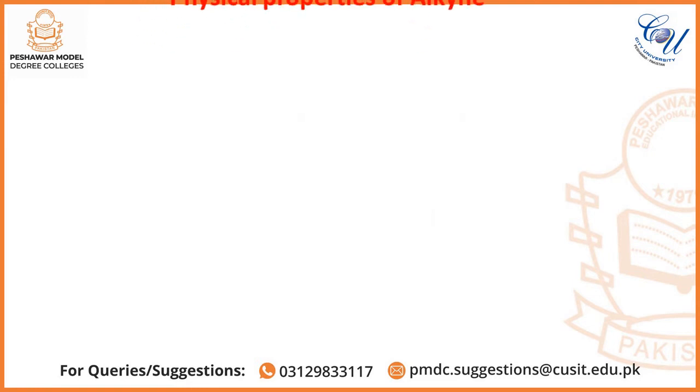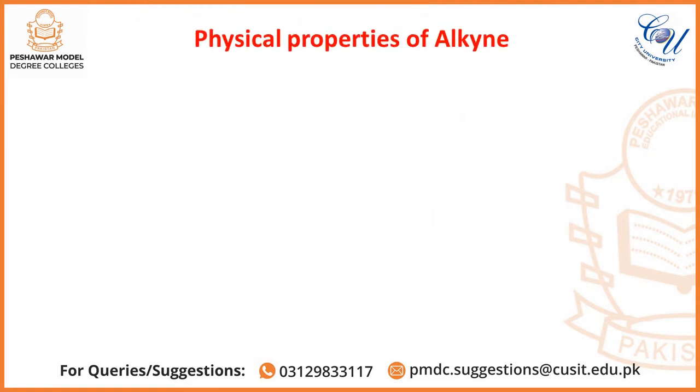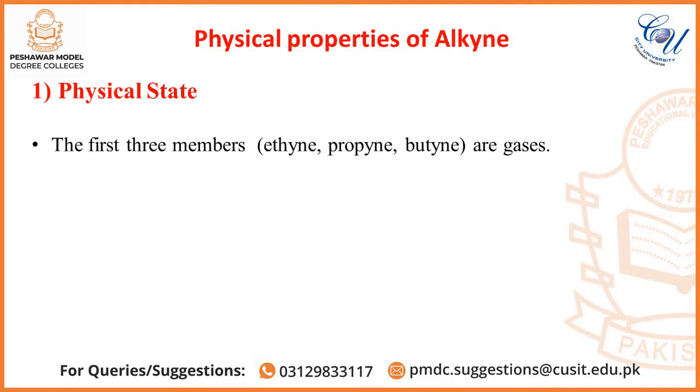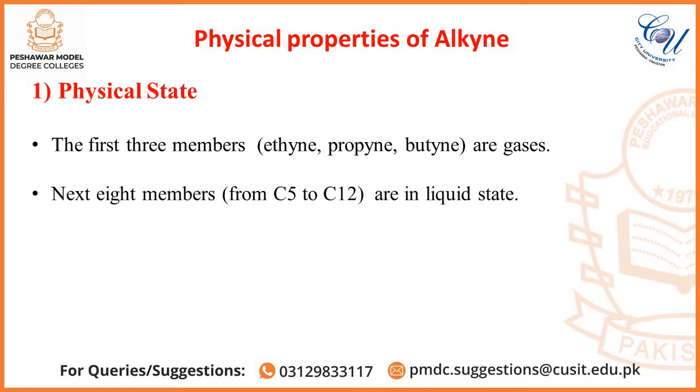Now coming toward the physical properties of alkyne, first is physical state. The first three members of the alkyne series, like ethine, propyne, butyne, are present in gaseous state. The next 8 members, from carbon number 5 to carbon number 12, are present in liquid state.